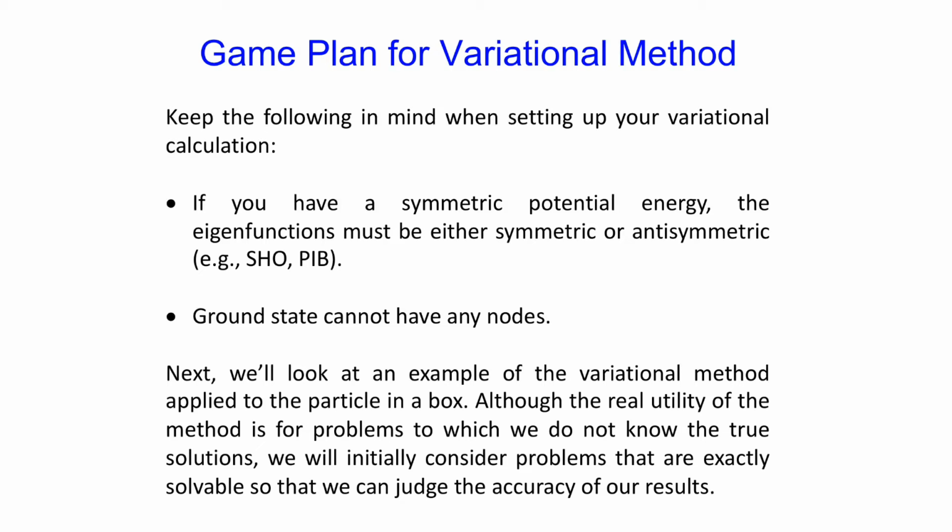And then the other thing that you want to keep in mind is that your ground state should not have any nodes. Again, similar to what we saw for the harmonic oscillator and particle in a box wave functions earlier.